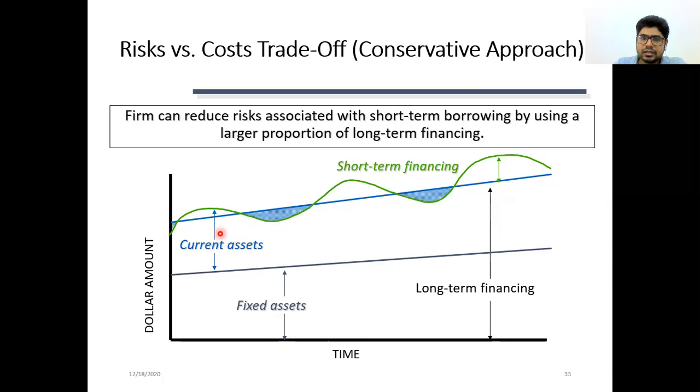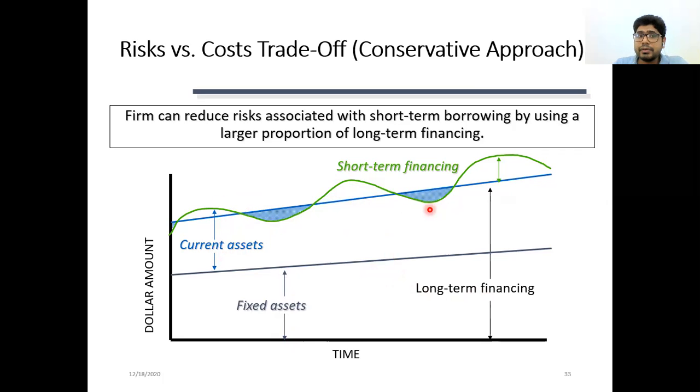Now, the line has moved up, right? When you look here, the fixed asset is financed by long-term finance. Here, the short-term fluctuations are financed by both short-term financing as well as long-term finance.